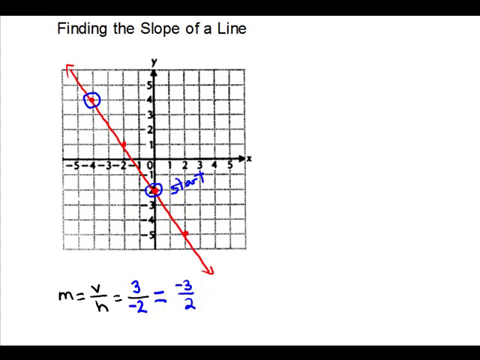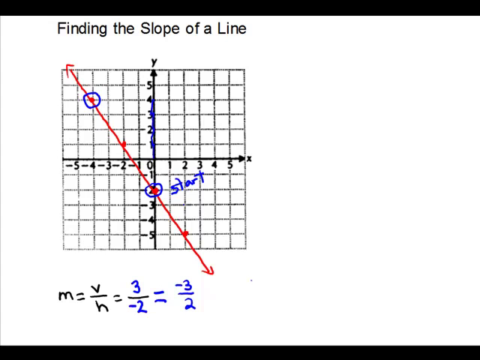Let's try it with these points that are farther apart. So we'll start here and move to this other point. First we'll do vertical change. To get from here to this point we'll have to go up or rise 1, 2, 3, 4, 5, 6 spaces.